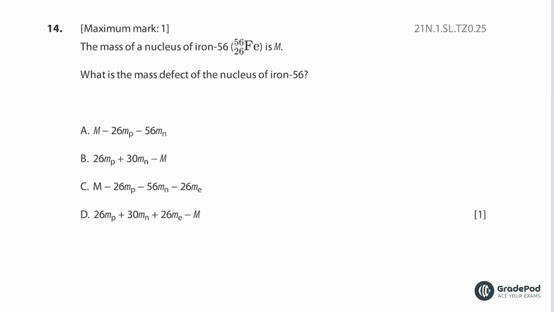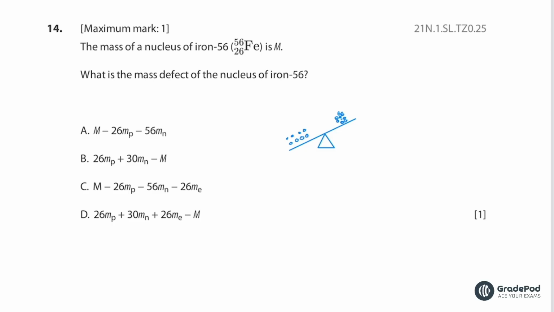Question 14. The mass of a nucleus of iron is M. What is the mass defect of the nucleus of iron? Do you remember our imaginary scales that we had in the notes? We said if we take the constituents of a nucleus on one side and place the nucleus on the other side, there's a mass defect. In fact, the constituents are heavier than the nucleus.